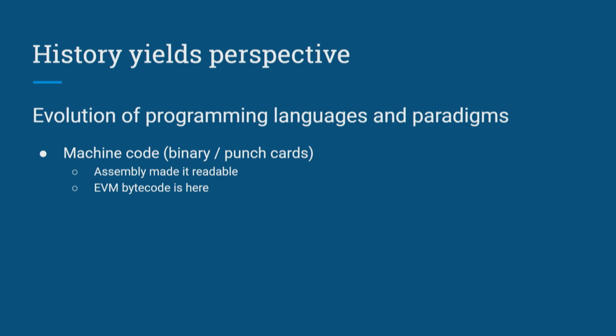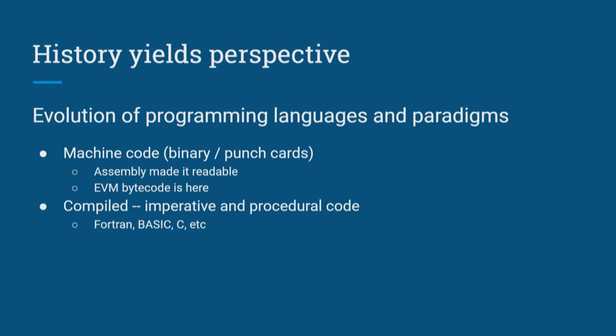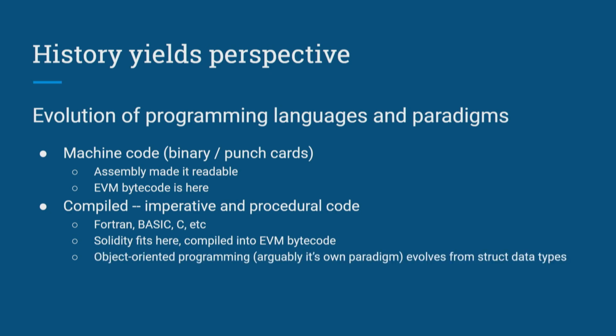Of course, the EVM doesn't actually exist in physical space, but theoretically it does. After that, we got compiled code, which was great. We could write loops and stuff, real easy. So Solidity is in this era here, where what you write in Solidity gets compiled down into the EVM.